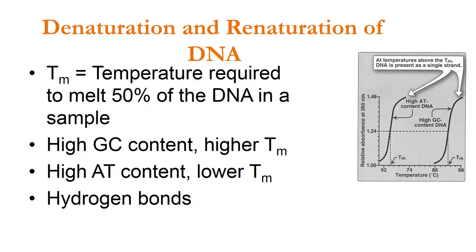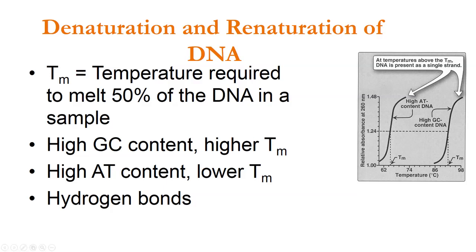Because heat, in this case, is breaking the hydrogen bonds, regions of DNA which are particularly rich in AT base pairs, which have fewer hydrogen bonds, will separate into single strands at a lower temperature versus a region of DNA that has a lot of G and C, which has 3 hydrogen bonds per base pair.